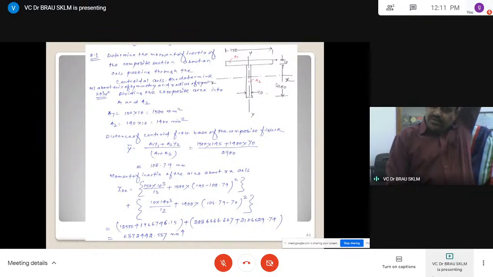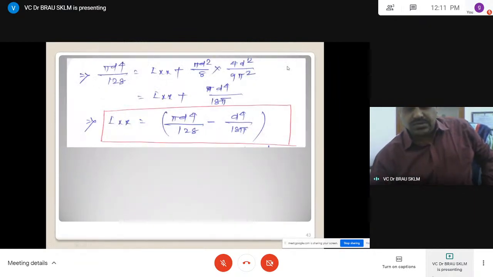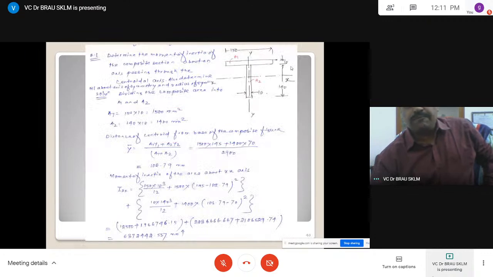Then the moment of inertia about the x-axis is equal to 1/12 BD cube about y, and by the parallel axis theorem, about this axis passing through the centroid, the moment of inertia is 1/12 BD cube plus A into depth square.